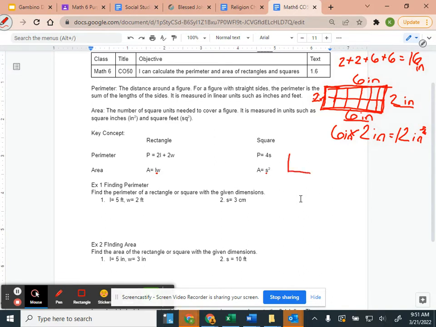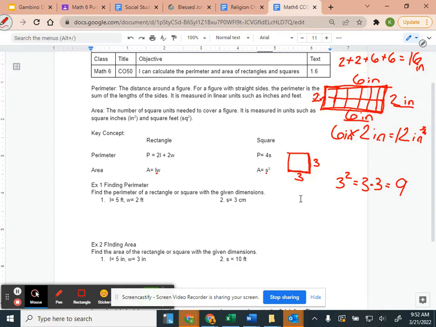So if it is a square, and that side is 3, we know it's still length times width, but it's the same number. So we can just say it's 3 squared, which is 3 times 3, which is 9. So when they say it's s squared, it's just saying because we know it's going to be the side times the side. They're the same number. It's a square.